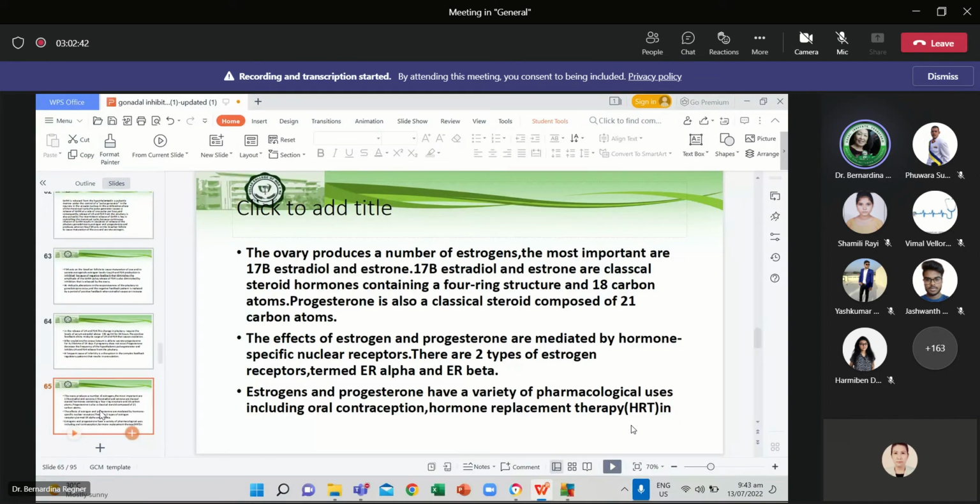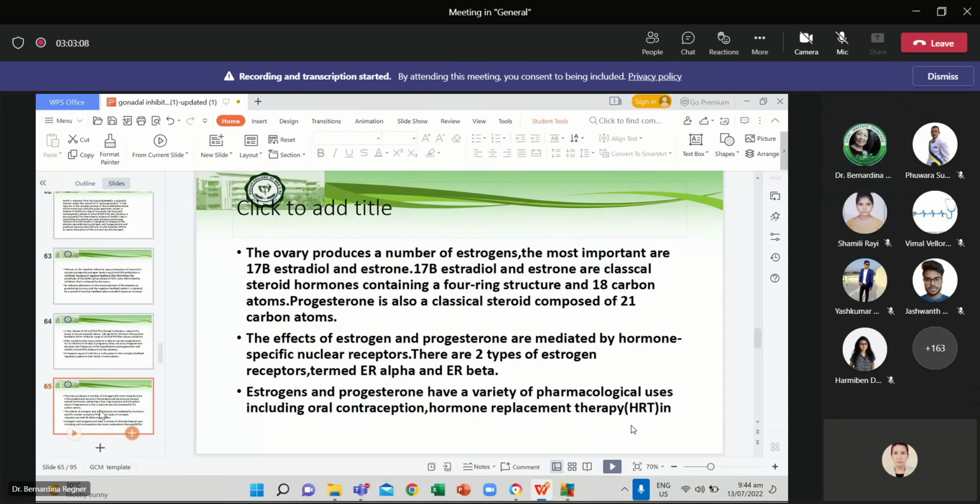Now, the effects of estrogen and progesterone are mediated by your hormone-specific nuclear receptors. Now, I already gave you the meaning of a nuclear receptor. There are two types of estrogen receptor: your ER alpha and ER beta. Okay, so estrogens and progesterones have a variety of pharmacological uses.